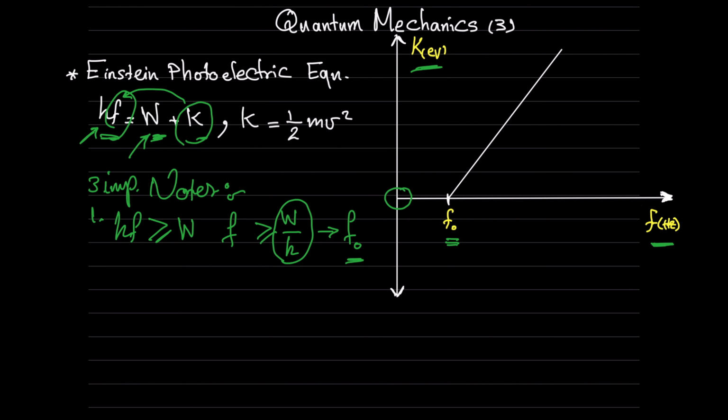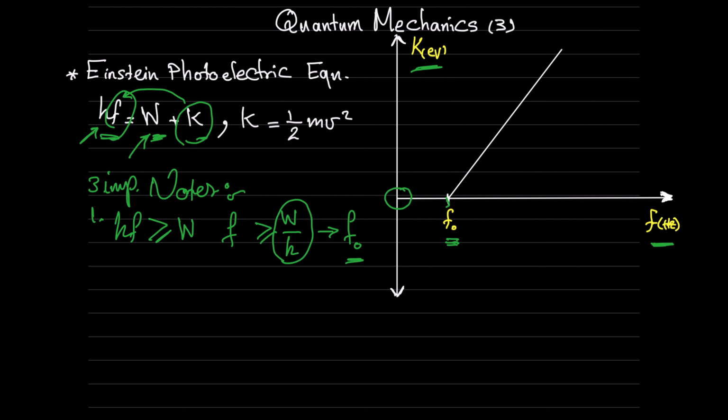So this is the first point: we have to start this straight line from a certain positive value, not from the origin. This value is the threshold frequency for this metal, and for each metal there is a characteristic threshold frequency. This is the first point.